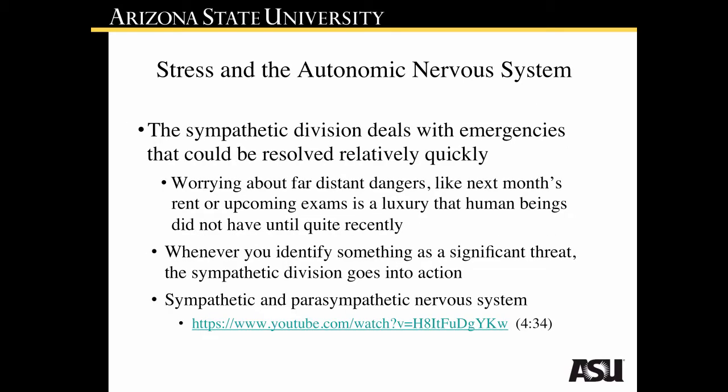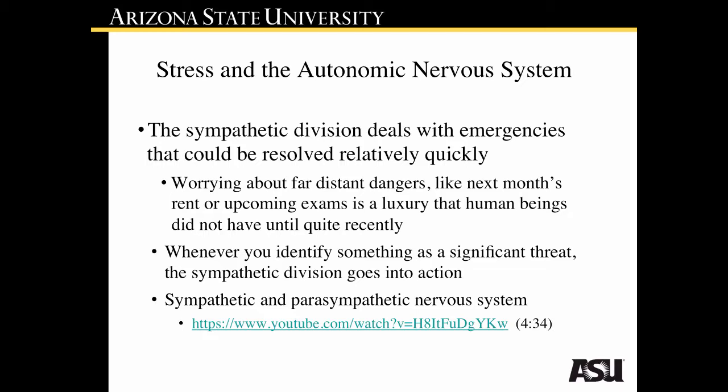So as I mentioned, the sympathetic division handles things like emergencies that can be resolved relatively quickly. So for example, worrying about far distant dangers like next month's rent or upcoming exams, that didn't exist for previous human beings. It only exists for us fairly recently.